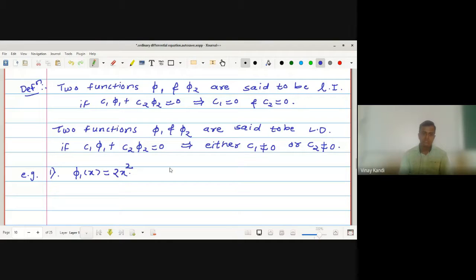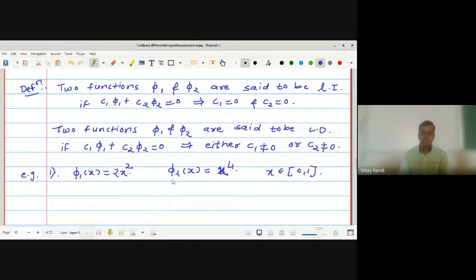And suppose this is the phi2 of x is equal to x raised to 4, where x belongs to interval 0 to 1. Now I have to find whether this phi1 and phi2 are linearly dependent or independent.